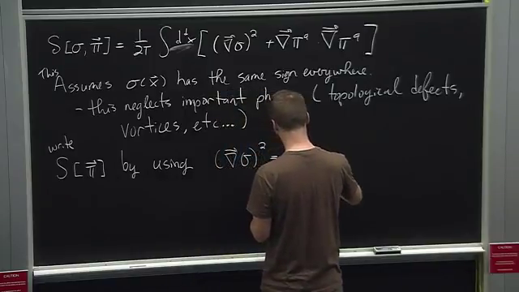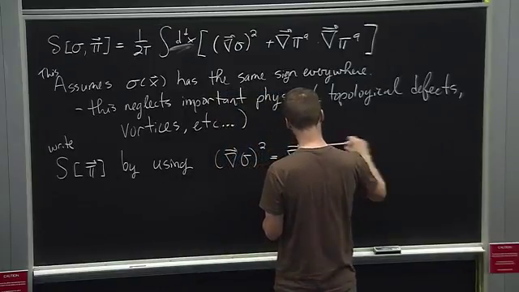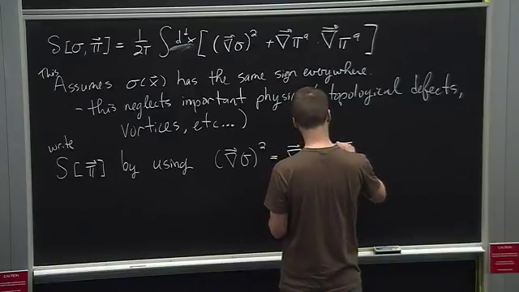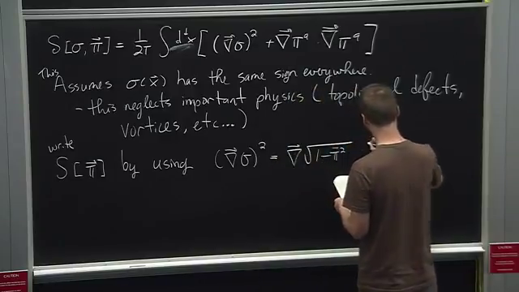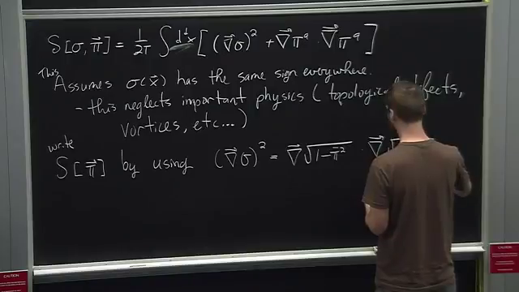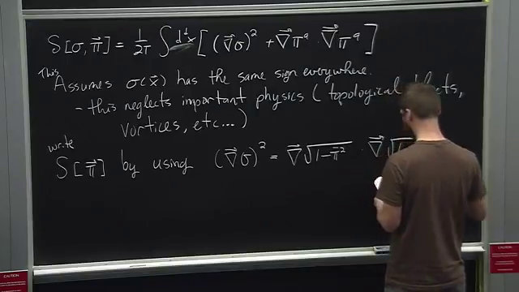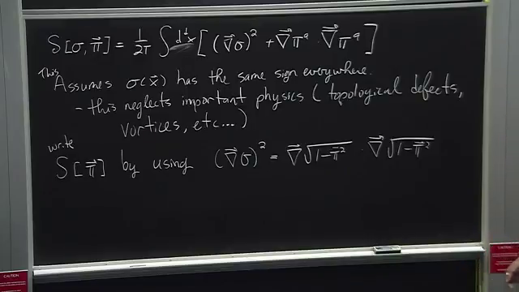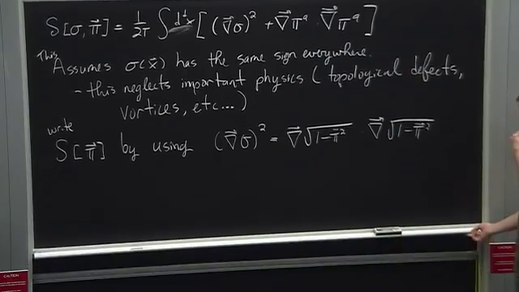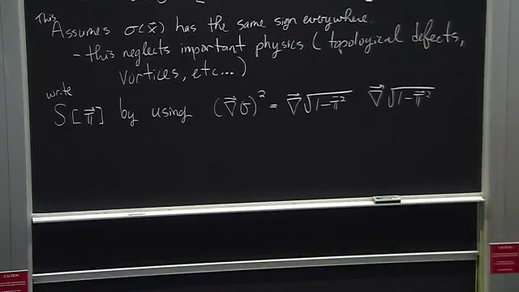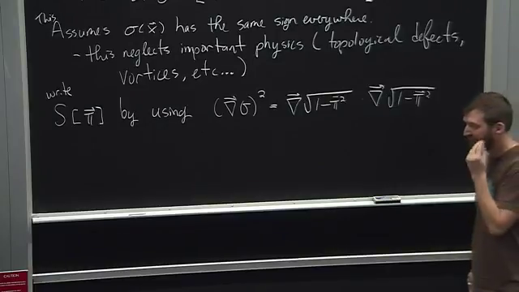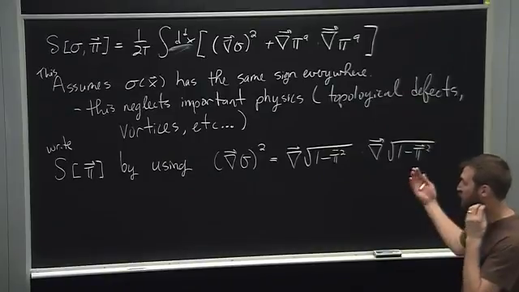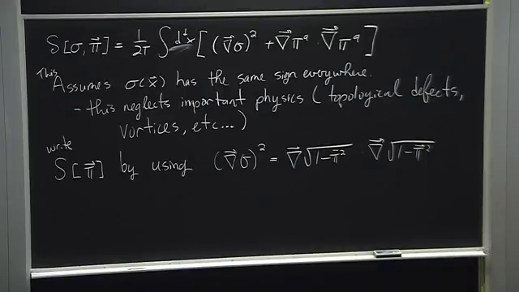I'll just write it like this. Okay, so things are highly nonlinear. So that's going to go into the action. I'm going to want to expand that in powers of pi at some point.